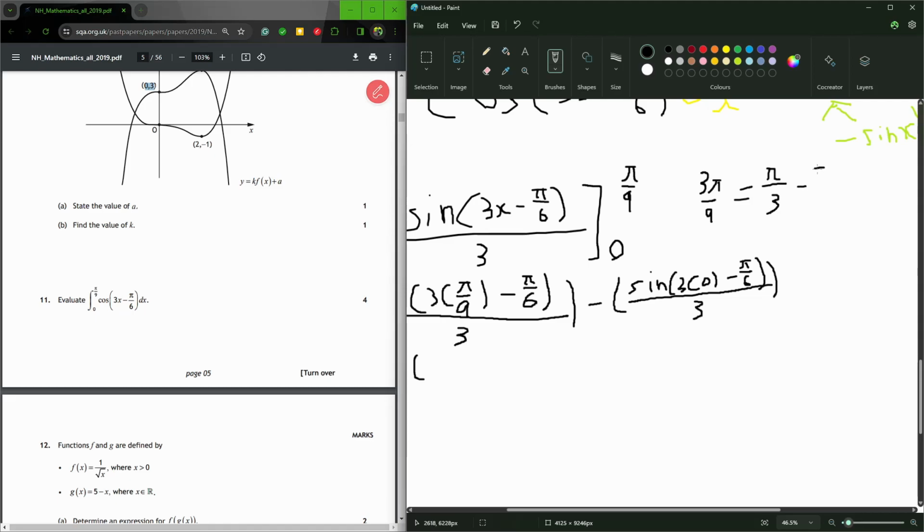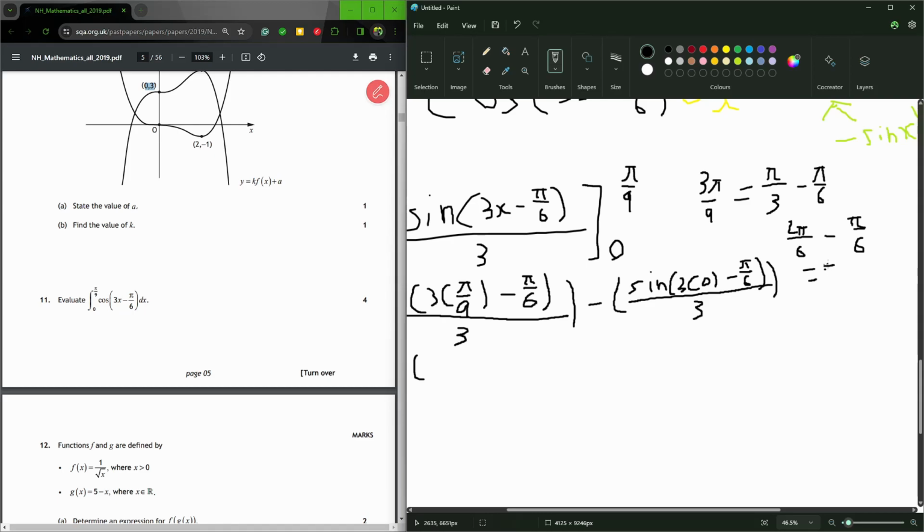But then we want to subtract pi over 6. So I'm going to times this both by 2. That's supposed to be 6. Don't at me. Pi over 6. And what do you get? Well, you get a single pi over 6.